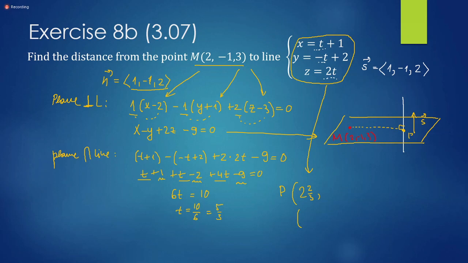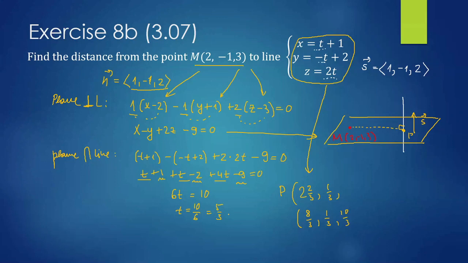Now minus t plus 2, 6/3 minus 5/3 is 1/3. And finally 2 times t is 10 over 3, or if we like, 3 and 1/3. So not the nicest possible coordinates, but still a possibility.